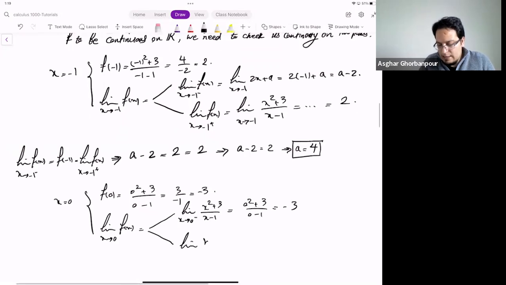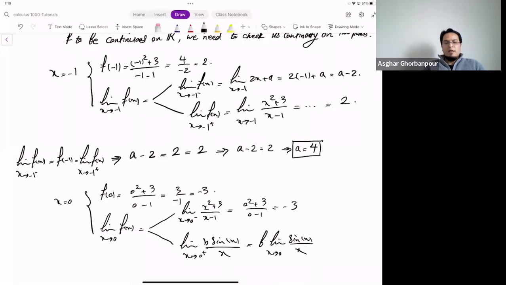From the right, this is nothing but b times the limit of sine x over x as x goes to 0. You have already studied this in week 4, where using the squeeze theorem we showed that this limit is equal to 1.